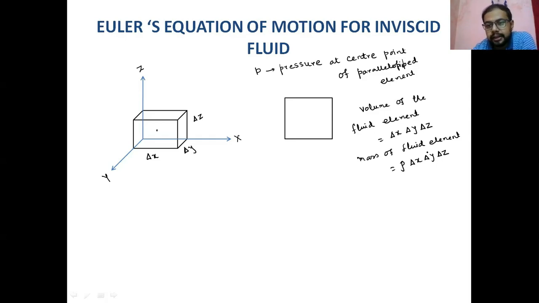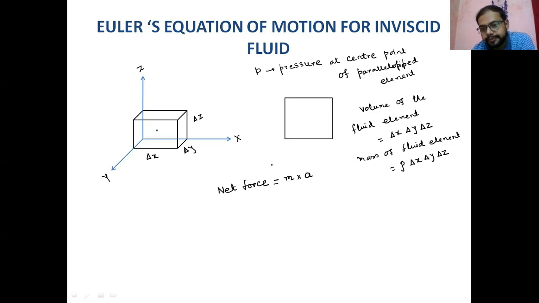Now, what are the forces acting over it? From Newton's laws of motion, the net force acting along the x-axis, y-axis and z-axis should be equal to the mass of the fluid element times the acceleration of the fluid element.